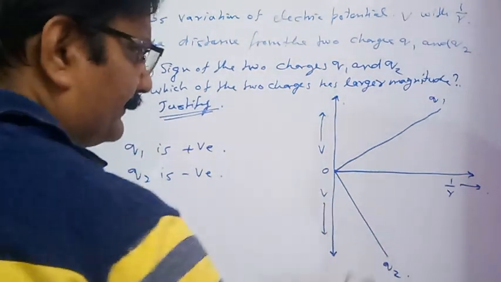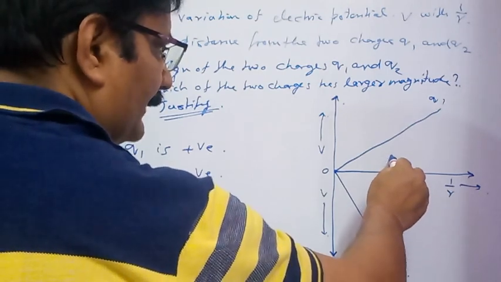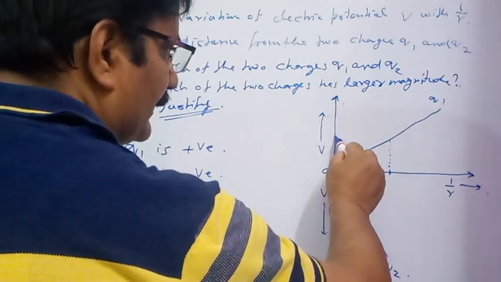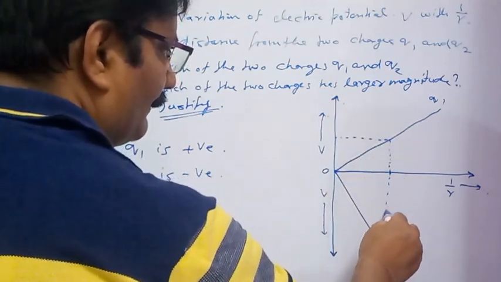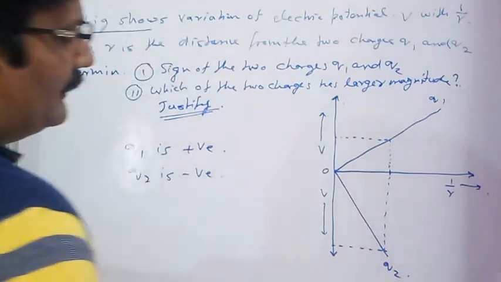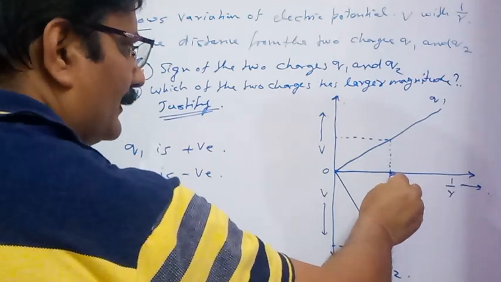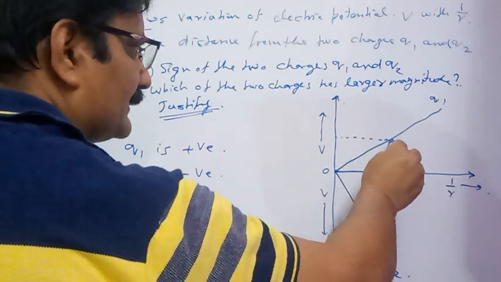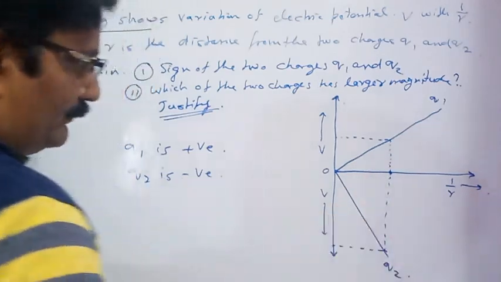Now the second part of the question, which of the two charges has larger magnitude? For any value of r, if we determine the value of the potential due to that particular charge, you can see for the same value of 1 by r, potential of charge Q1 is less than potential of charge Q2.